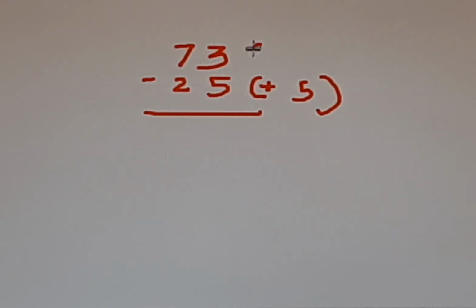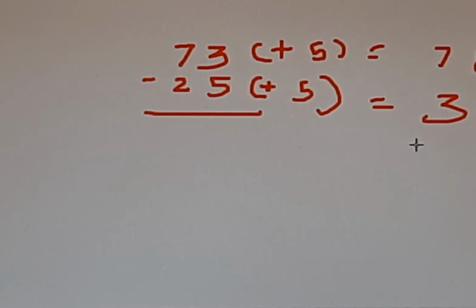And same way to the higher figure also you have to add 5, right? What will be the answer? 25 plus 5 is 30. And 73 plus 5 is 78.